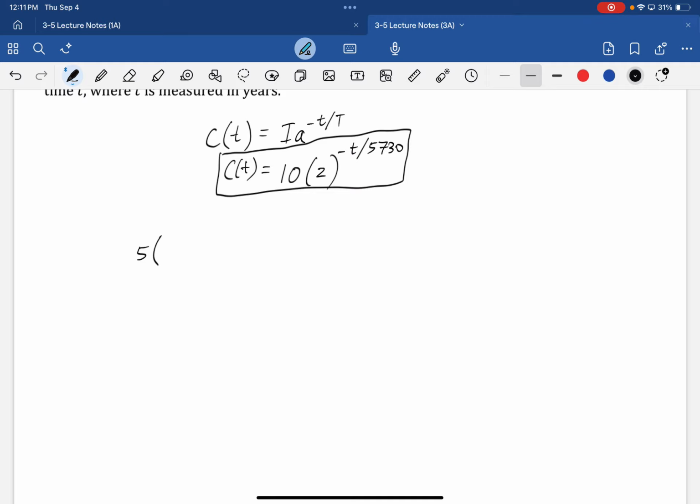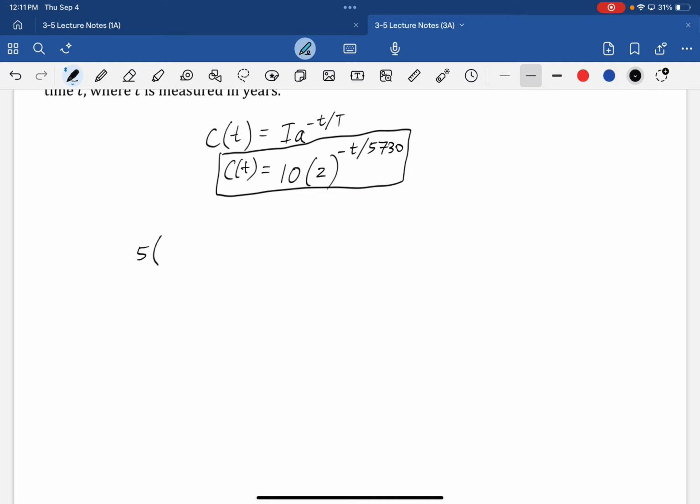Okay. Let's say we had 5 times 1/3 to the negative t over 18. Is this decay or growth? It's growth, very good.